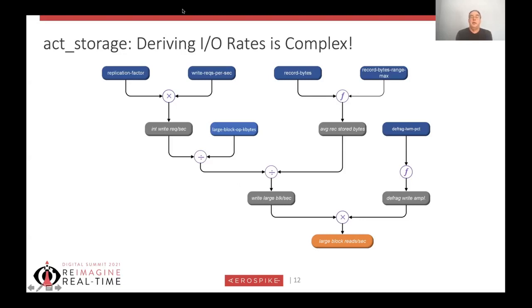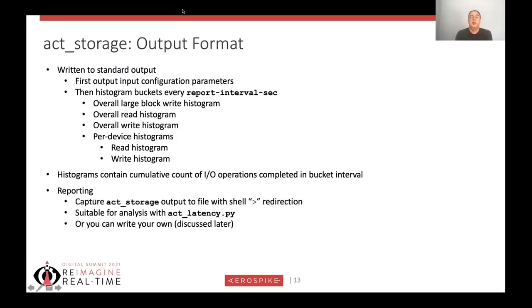So those are sort of the inputs, and you can see there is a variety of multiplies and divides. Essentially what this is telling you is that your large block read rate depends on multiple config parameters. Some of them it's directly proportional. Some of them it's inversely proportional.